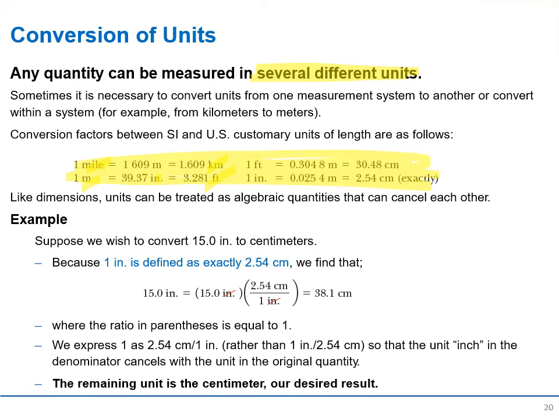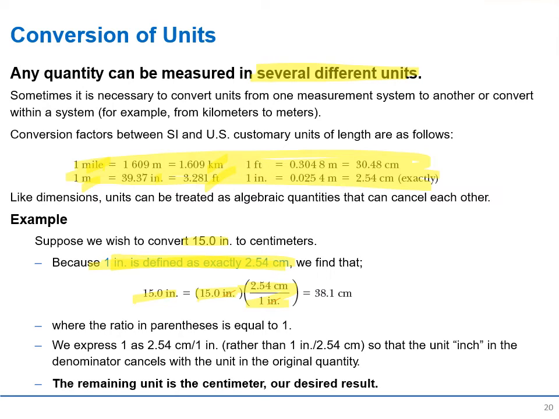So suppose we wish to convert 15 inches to centimeters. Then you should know how many centimeters there are in 1 inch. So 15 inch equals 15 inch multiplied by 2.54 centimeter divided by 1 inch, because 1 inch is defined exactly as 2.54 centimeter.